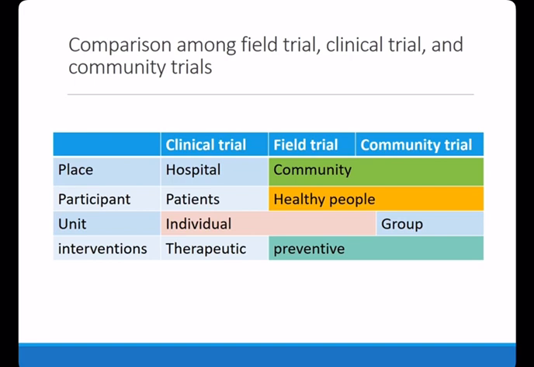The unit of allocation for clinical trials and field trials is the individual, while in community trials we allocate groups as a unit for different types of interventions. And for the types of intervention, in clinical trials the intervention is mainly for therapeutic use, while in community and field trials the interventions are for preventive use.